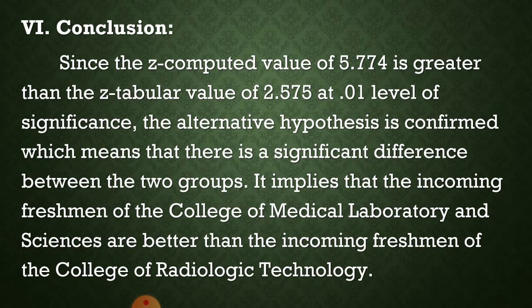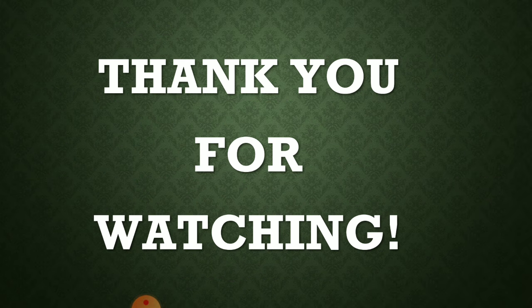It implies that the incoming freshmen of the College of Medical Laboratory and Sciences are better than the incoming freshmen of the College of Radiologic Technology. That is the Z-test for two sample mean tests.